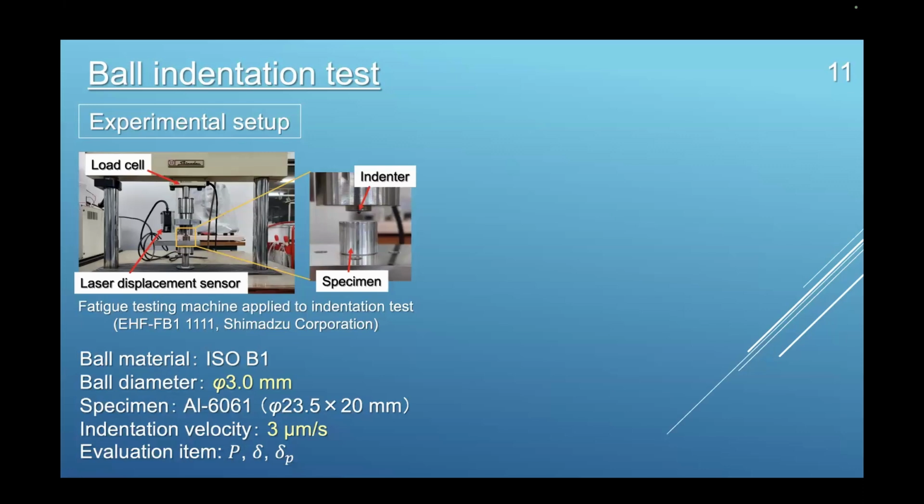Next, we conducted the ball indentation test. We used the fatigue testing machine with a 3 millimeter ball indenter, and the indentation velocity was set to 3 micrometers per second.